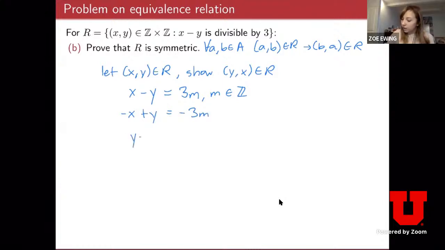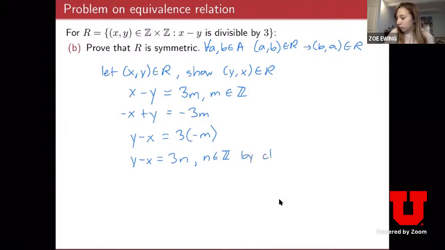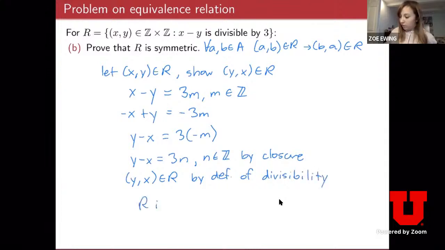And if we rewrite this and do some factoring, we end up getting that y minus x equals 3 times negative m. And we can use closure to say that this is equal to 3n, and n is in the set of integers by closure. All right, and now we know that yx is in the relation by the definition of divisibility. And that means that R has to be symmetric.